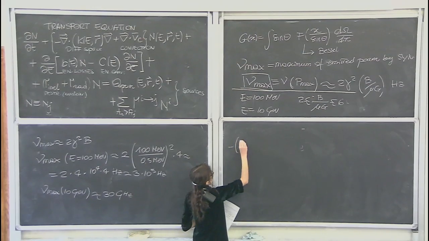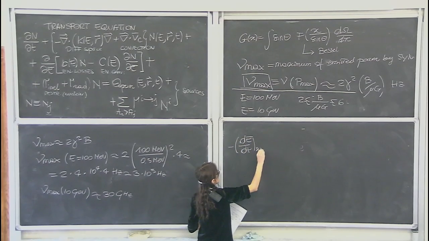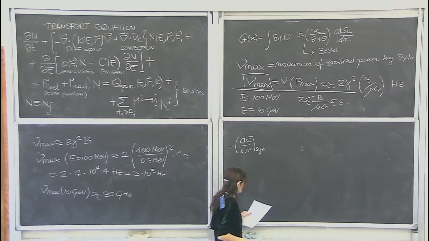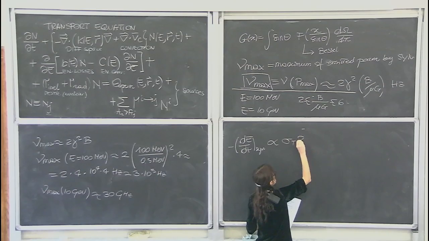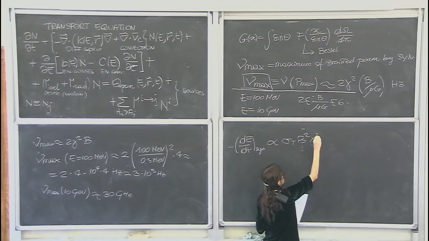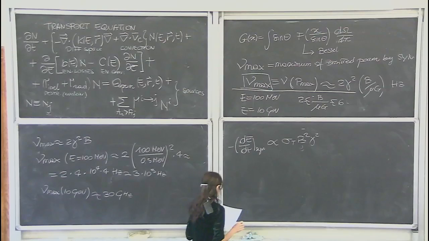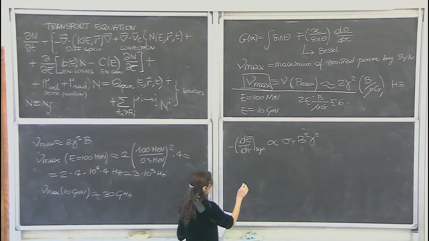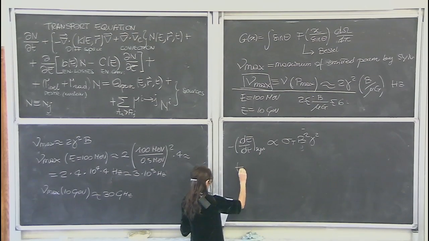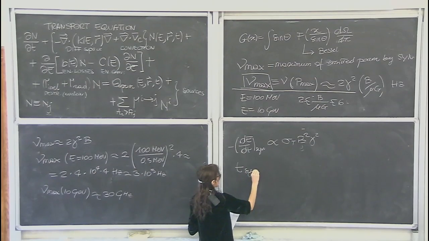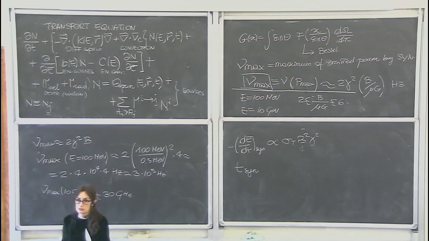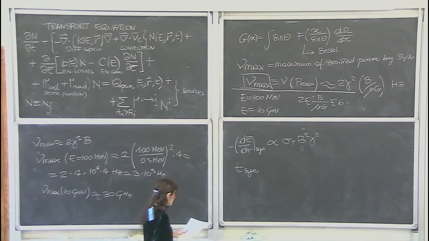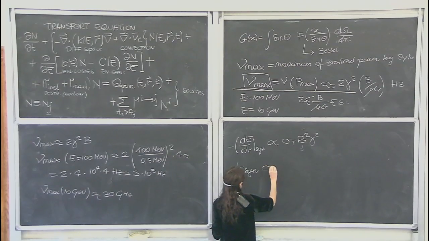One can write an approximated formula for the synchrotron emission, which is proportional to sigma T, the magnetic field, and gamma square. But what is important is that from this expression one can compute a typical time at which electrons lose a significant part of their energy.